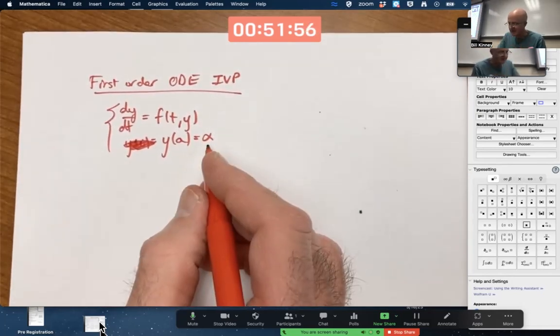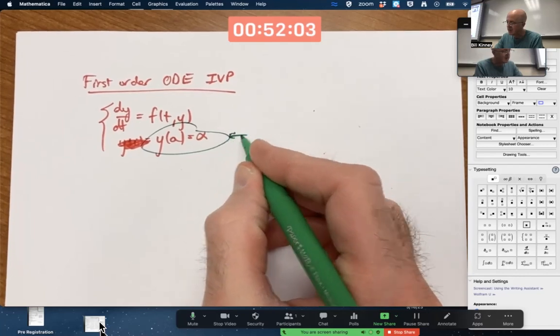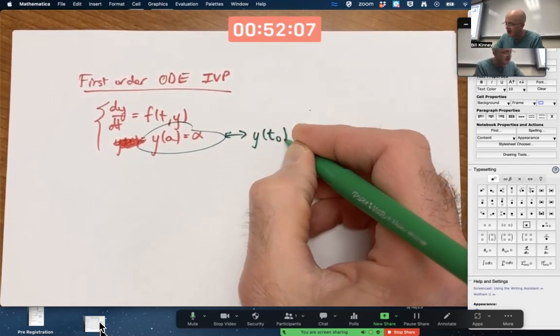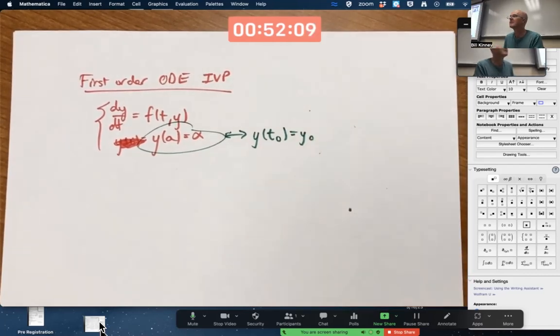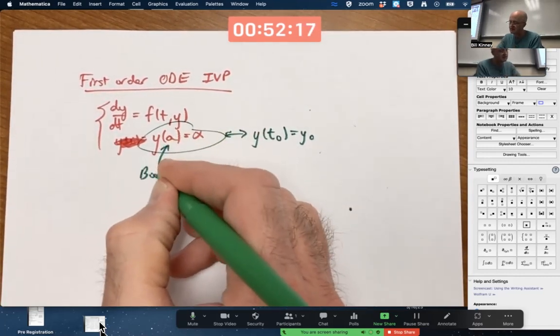The alpha, however, is not always 0. I would actually be more prone to use y of t naught equals y naught, which would be more common notation that I personally would use. But I'm trying to be consistent with the book here.